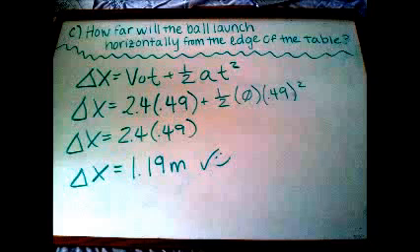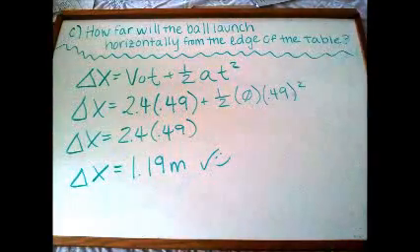So delta x equals 2.4 times 0.49 plus 1/2, 0 times 0.49 squared. We're left with the equation delta x equals 2.4 times 0.49. And we get a delta x of 1.19 meters. And that is how far the ball will be launched horizontally from the edge of the table.